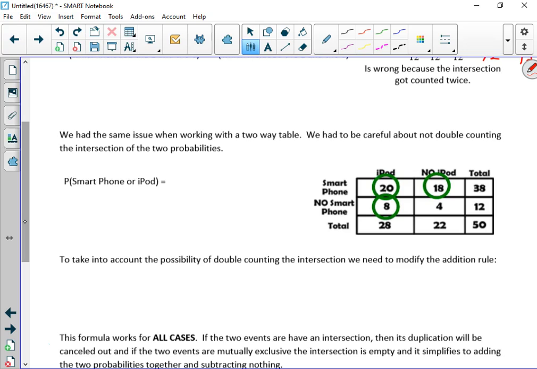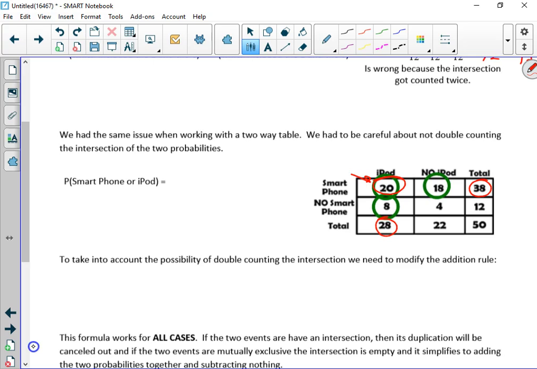So we talked about the two-way table and not counting the double space. In the previous one, it was not 38 out of 50 plus 28 out of 50, which would have been 66. We had to take away the 20, which got us down to 46, which was our proper answer, because we did not want to count this twice.